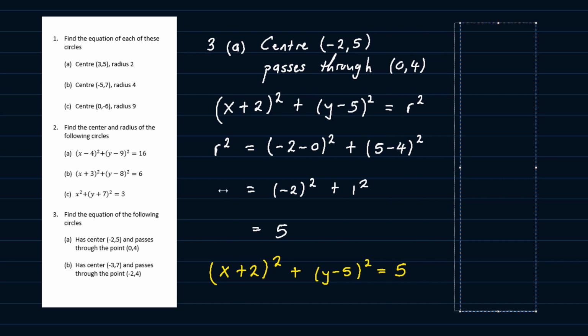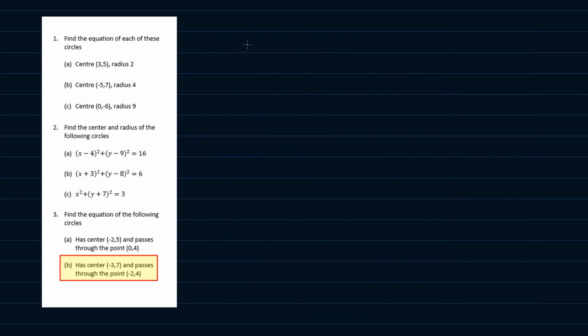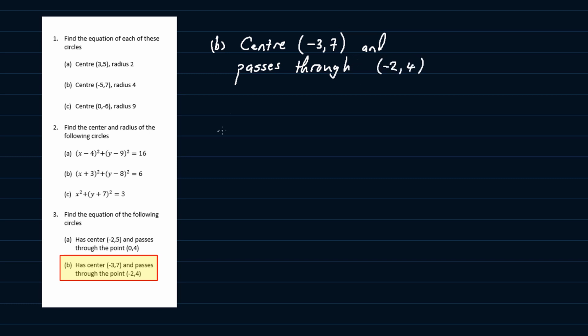Let's go on to part B. So we have in this case a circle of center minus 3, 7 and passes through the point minus 2, 4.